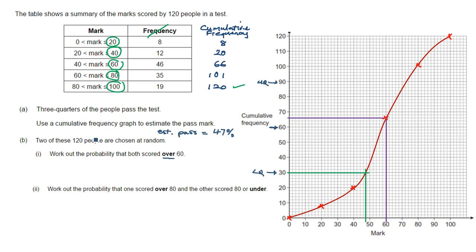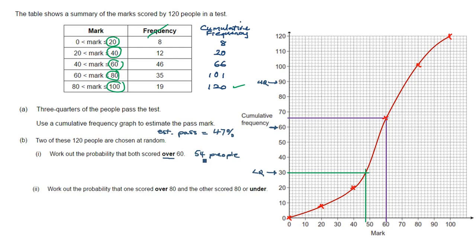So that's going to be 54 people scoring over 60. So 54 people. All right. Now we've got the number of people who scored over 60.